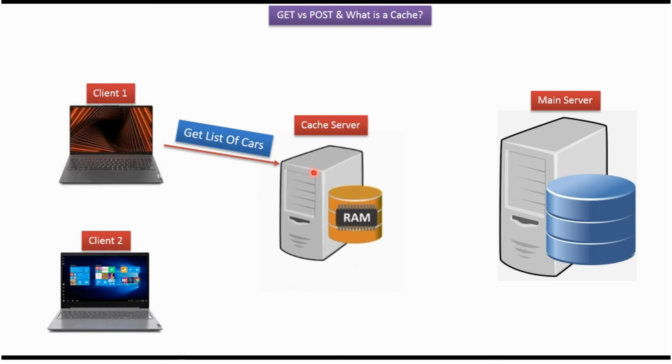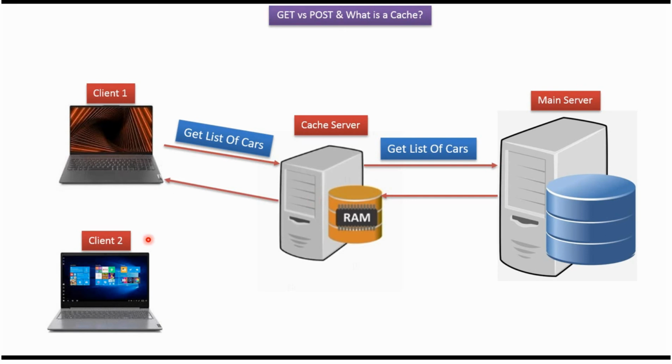So the cache server will send the get list of cars request to the main server. The main server receives the request, gets the list of cars from the database, prepares the response and sends it back to the cache server.